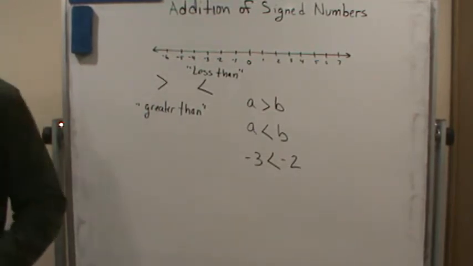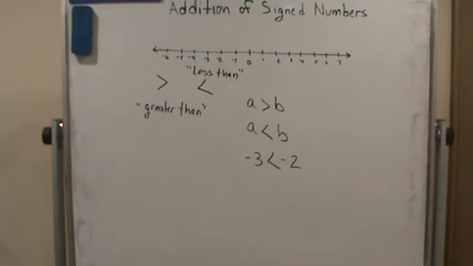There are lots of things with signed numbers that we want to make sure that we understand. Now, 0 is not a signed number. It's neither positive nor negative. The numbers to the left of 0 are negative. The numbers to the right of 0 we call positive.